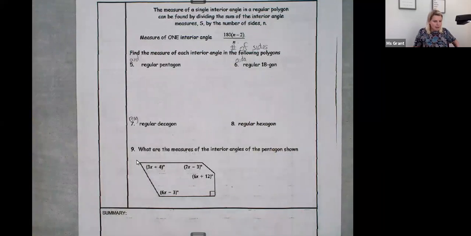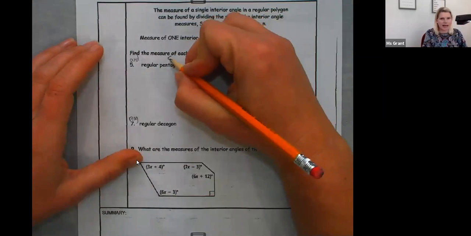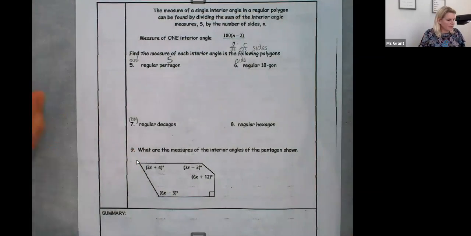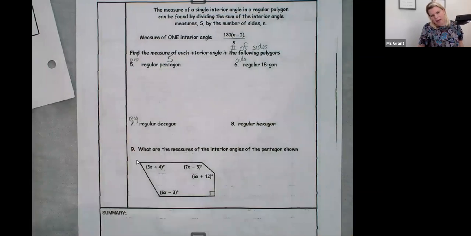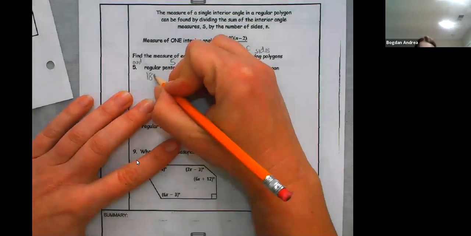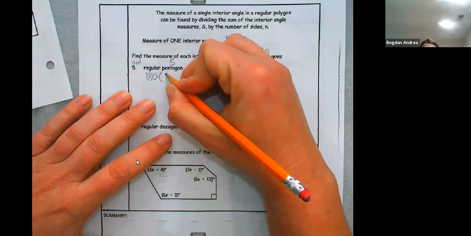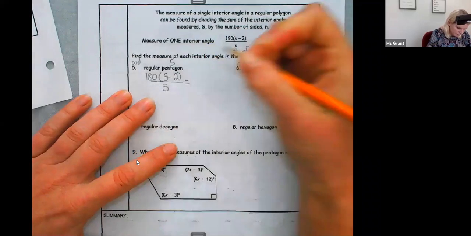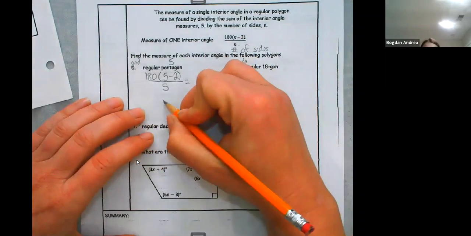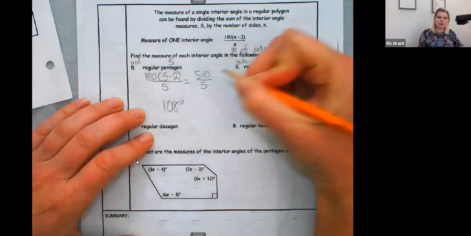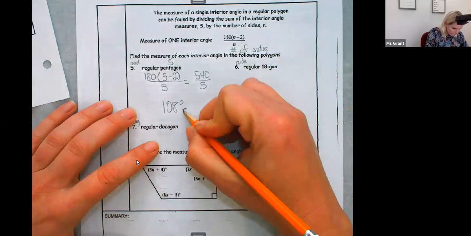Okay, Pentagon, Andrea, has 5 sides. So just tell me the formula real quick and then the answer. How about that? 180 times 5 minus 2 over 5. Good. Is what? 108 degrees. It was 540 divided by 5. 108 degrees is each angle.